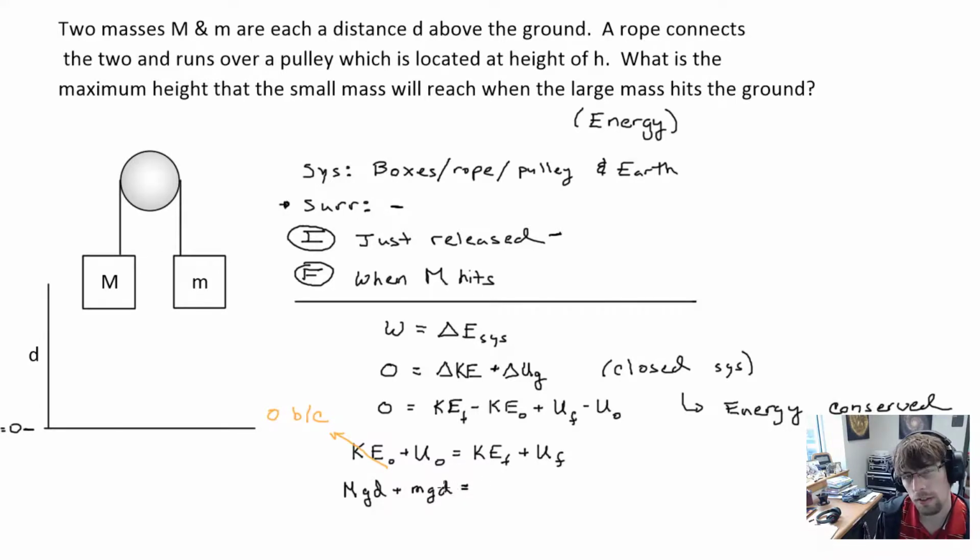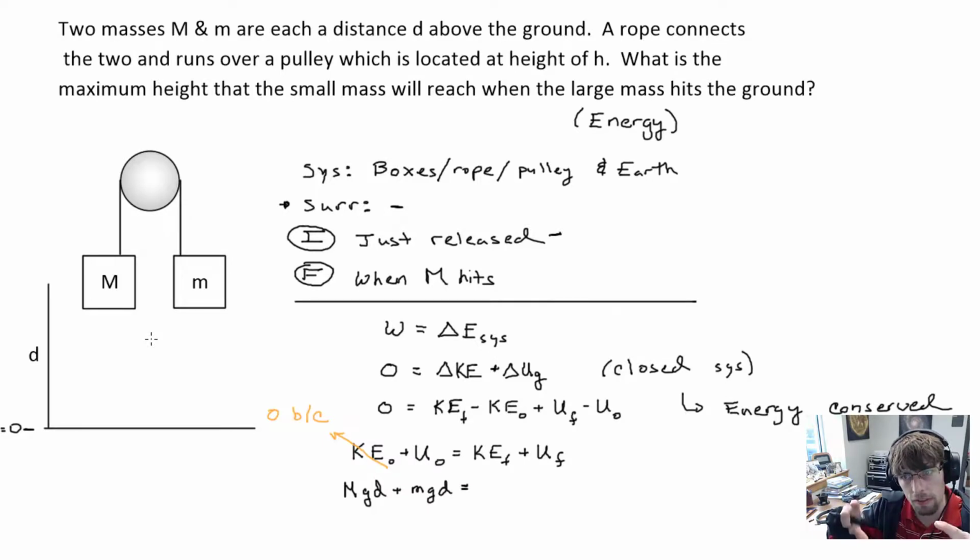Well, let me ask you this. How does the final speed of the big box compare to the final speed of the little box? They should be the same. Remember, the rope is ideal. We assume it doesn't stretch. The pulley's ideal, so everything's fine there. But because of those 2 approximations, if the big box is going down, the little box has to go up by the same amount.